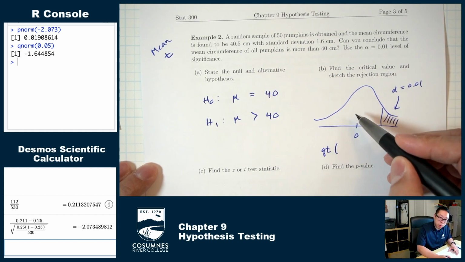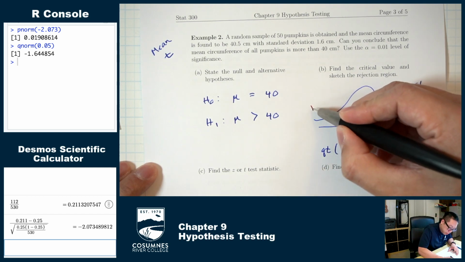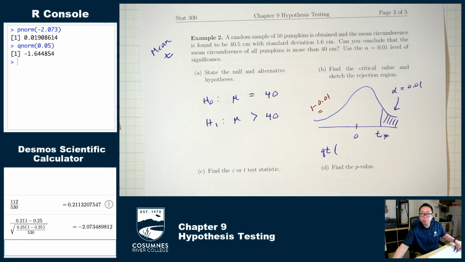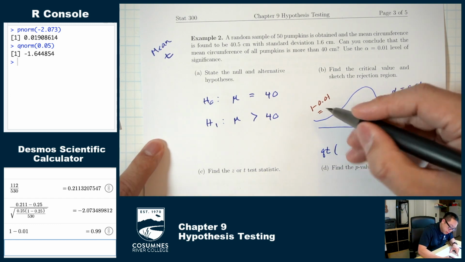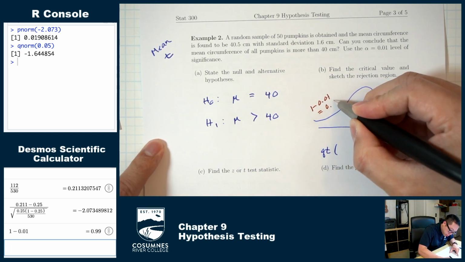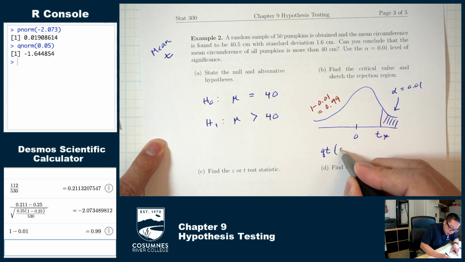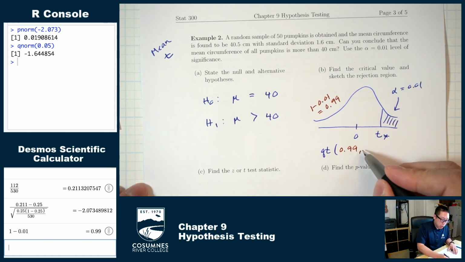To find this unshaded part, do 1 minus. So we're going to do 1 minus 0.01. And 1 minus 0.01 is 0.99, I believe. Okay, that's the left unshaded part. That's what you feed R. So 0.99. QT has a df, so comma df.